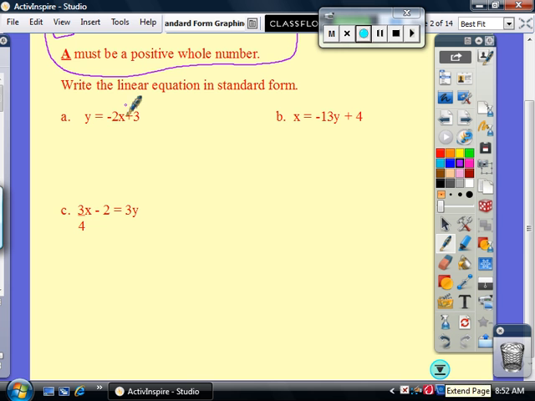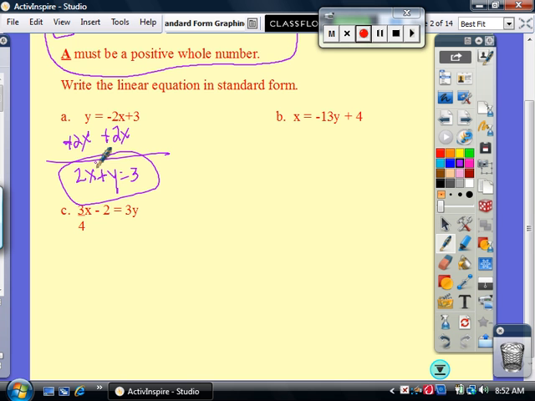So what would it take to get this over with the y? It's already negative, so we would add it to both sides. And so 2x plus y equals 3. That's just practicing putting an equation in standard form.